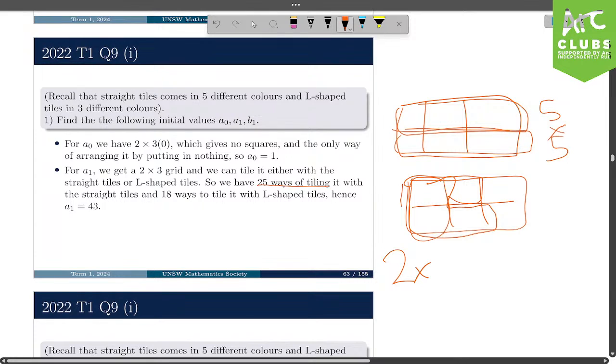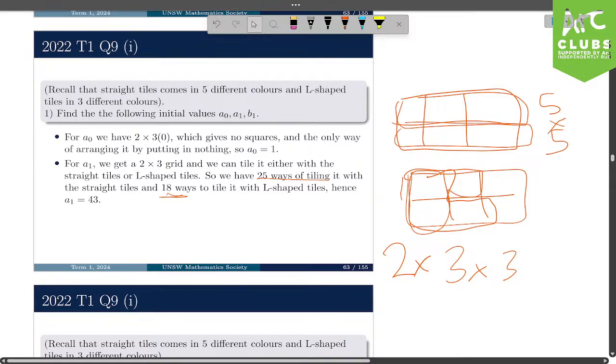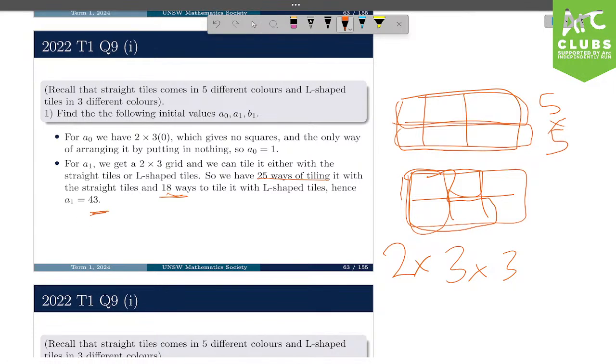The rightmost tile is forced into one configuration. And we have 3 colors for each. And this means that in total, we have 18 ways to tile with L tiles. 2 ways for either configuration, 3x3 for the colors. And so in total, adding 18 and 25 gives 43 ways to tile this entire thing.